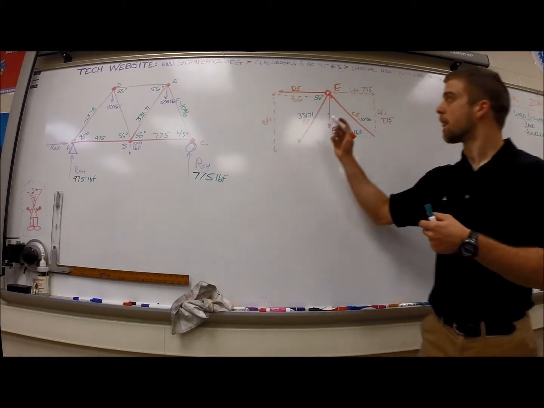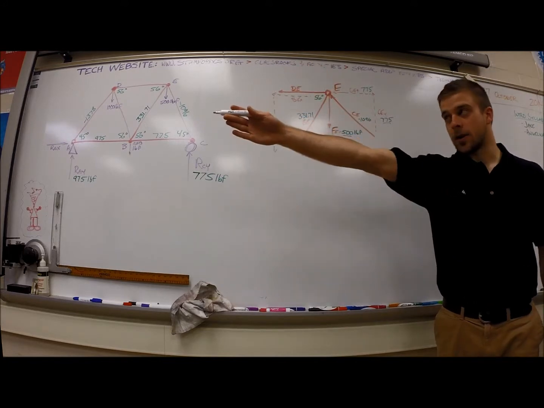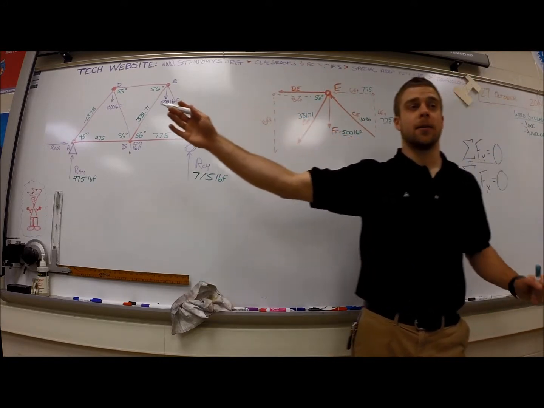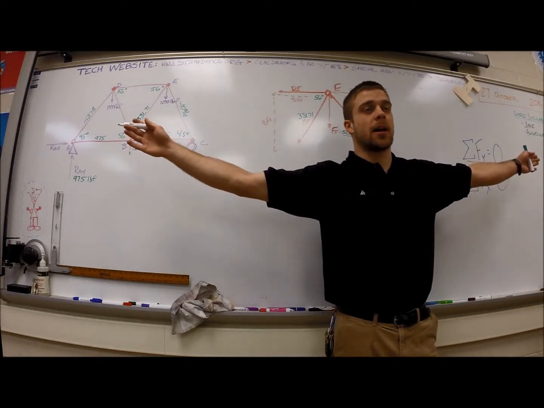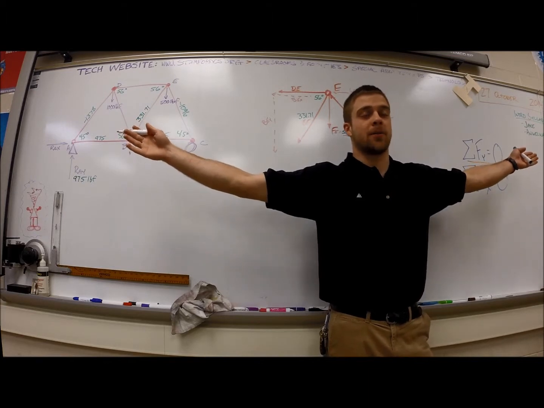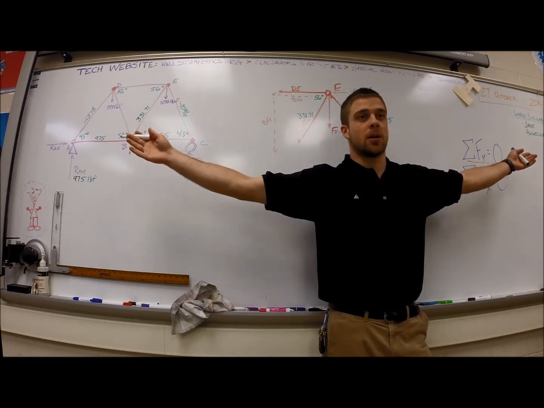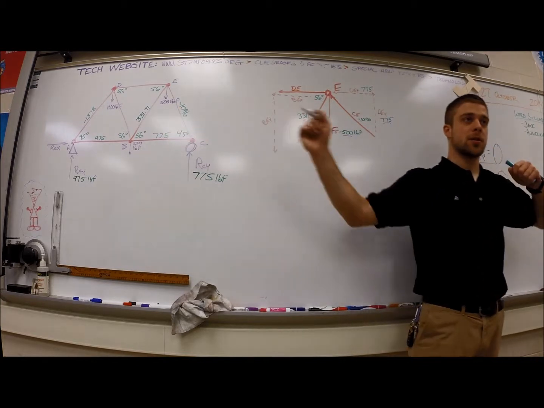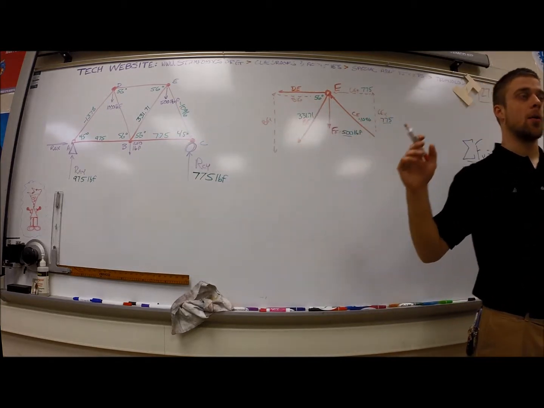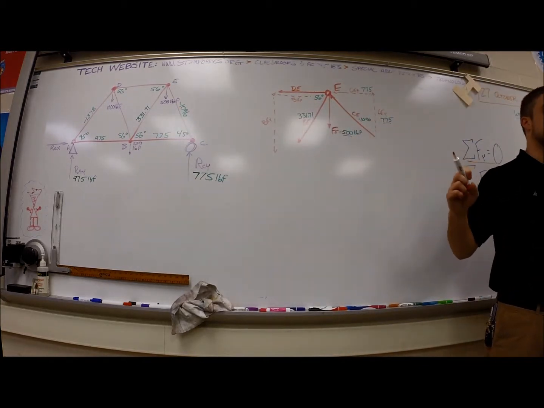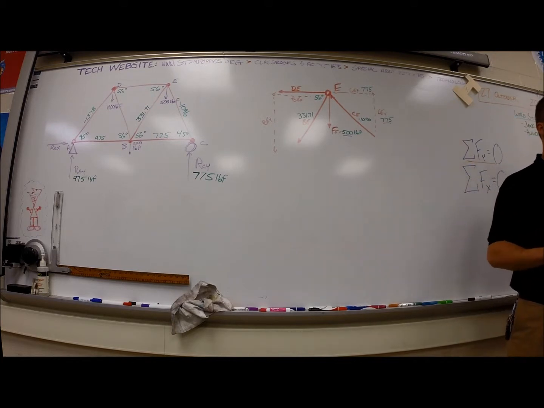If I had DE going in that direction and CEX going in that direction, I'd have to make one of them positive and one of them negative because they're offsetting each other. But since they're both going in the same direction, I'm going to treat them both as positives or both as negatives. I don't like negative numbers, so I'm going to treat them both as positives.